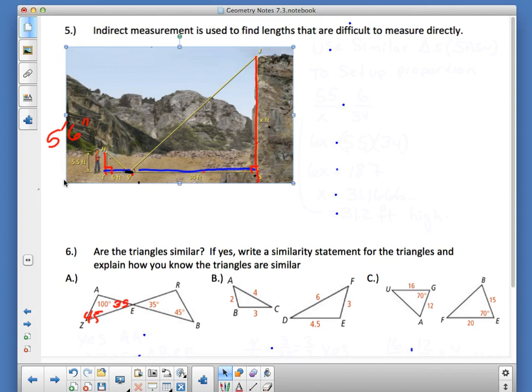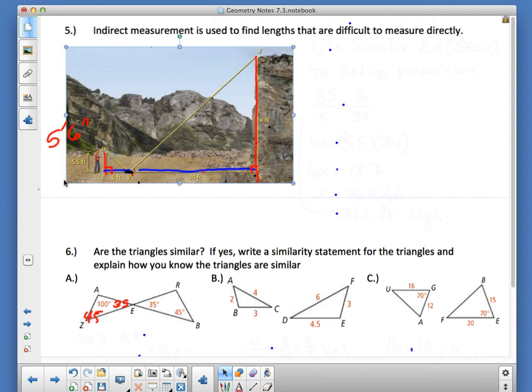So I've approximated the length from the mirror to the cliff to be 34 feet. So my 6 feet and 34 correspond. They're corresponding sides. My height, 5.5, and X correspond.